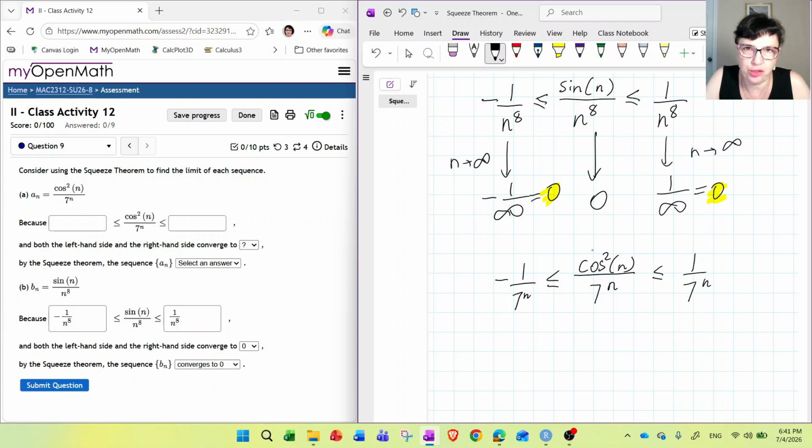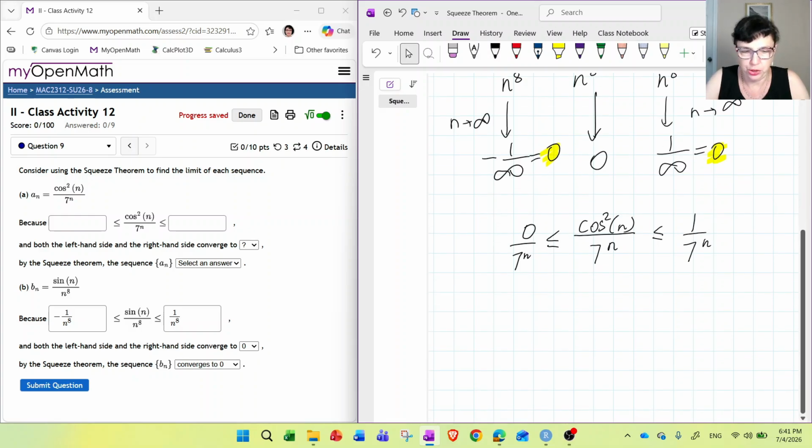Because cosine squared n is never going to be negative, it is a square of some number, so it's going to be between 0 and 1. Well, it is between -1 and 1, but it's never going to be negative. So better to use a better bound, which is just 0.